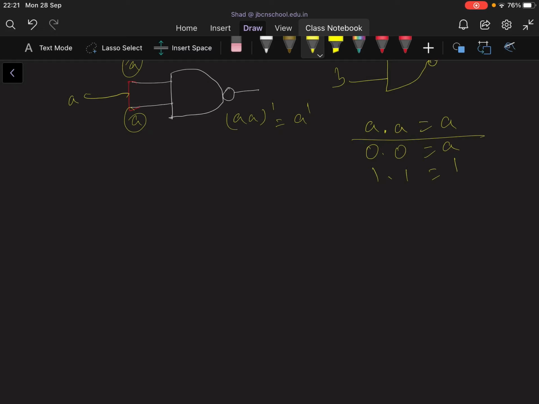So now the same thing I can do is create a NOT gate, right? So A, so these two become the same. Let's draw a truth table for the same thing.